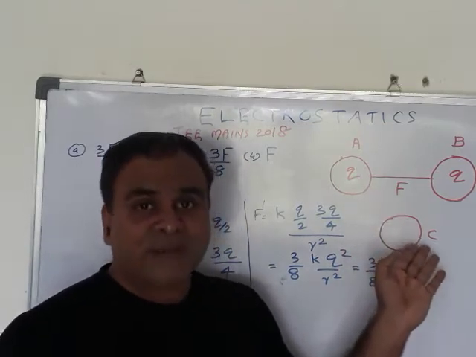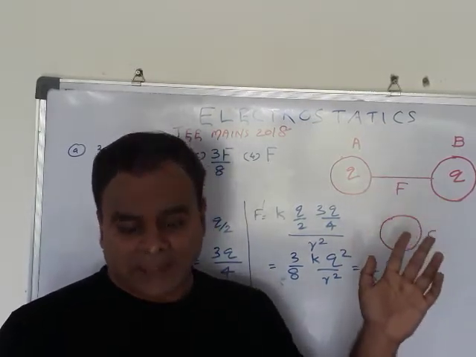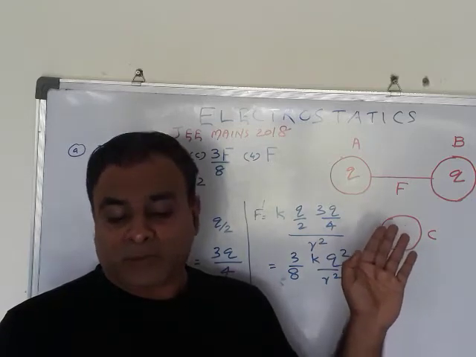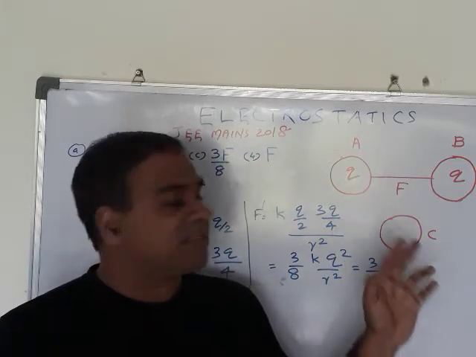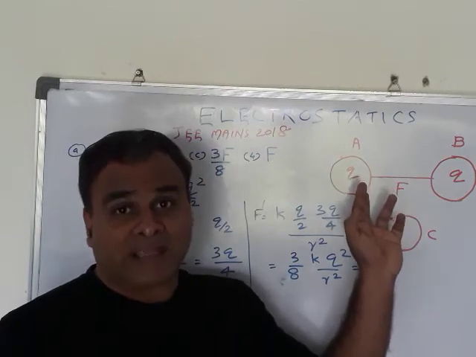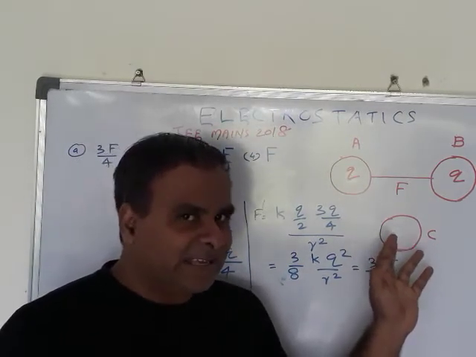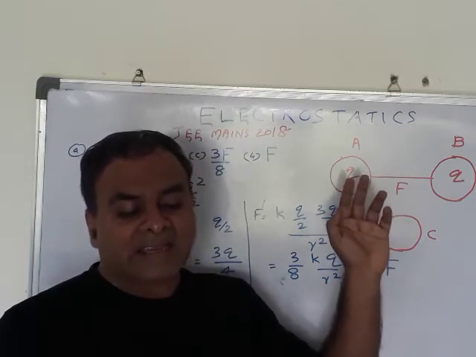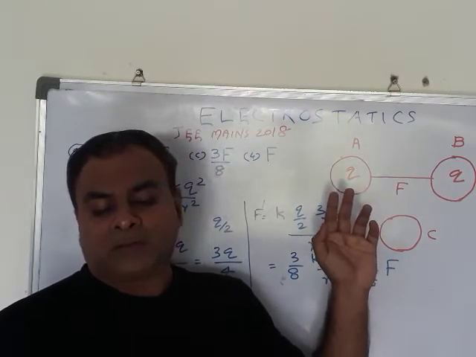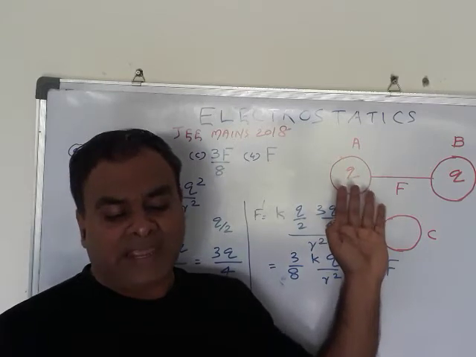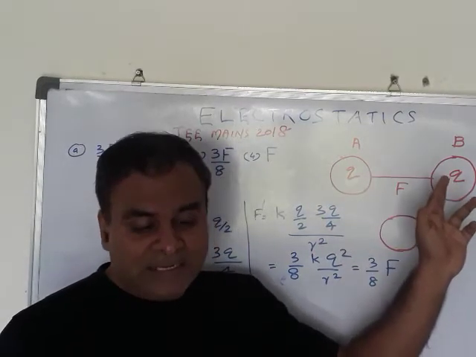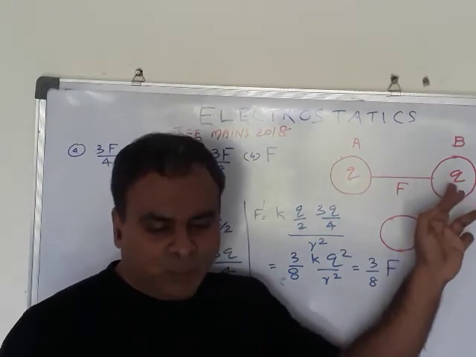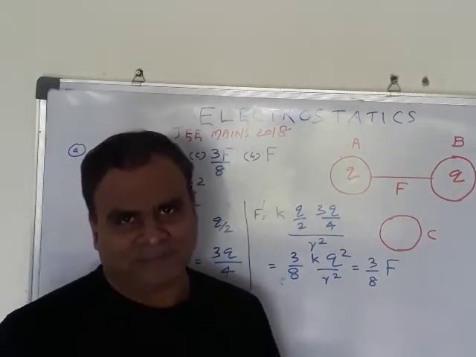We have another sphere C, which is identical to A and B. Now sphere C is first touched to A, then to B, and then removed.